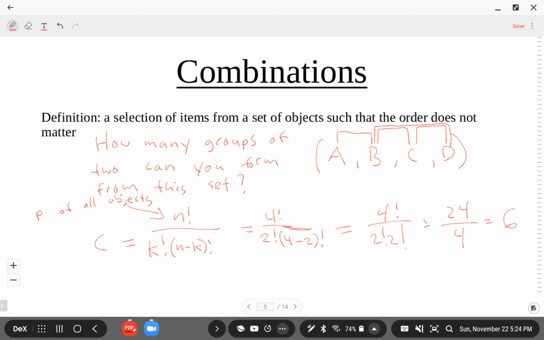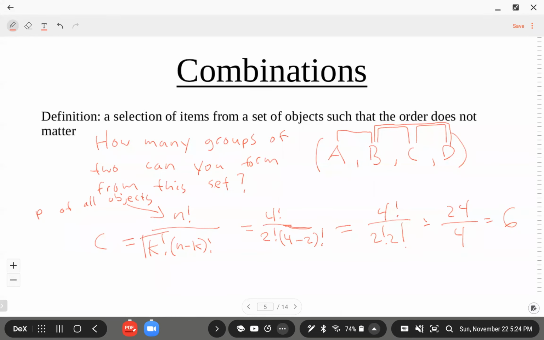We're trying to select groups of 2, and that is what k factorial is. So we select groups of 2, and that is what k factorial is.